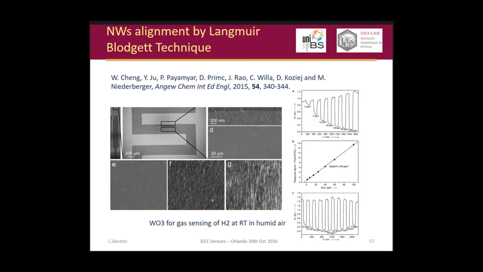You can use the Langmuir-Blodgett technique to align nanowires between electrodes. Of course, the distance between electrodes must be less than the length of the nanowires, and the process covers the nanowires with some chemicals, and then they align between them, and then they are collected with the substrate.